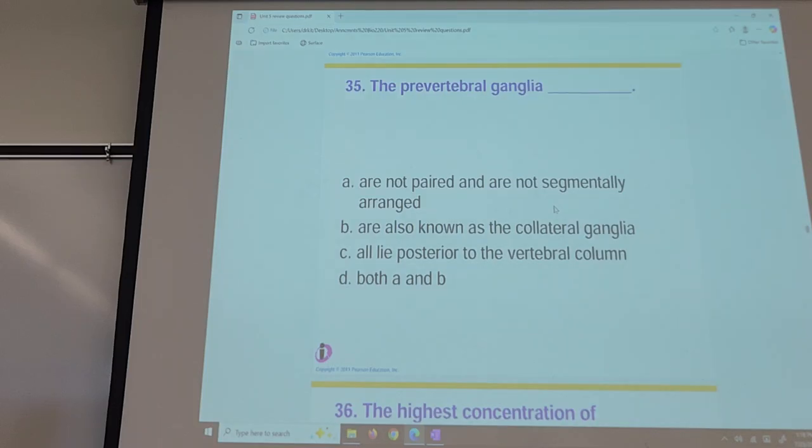Is that true? True. Are also known as collateral ganglia. True or false? True. All lie posterior to the vertebral column? False, right? They're not called postvertebral ganglia, they're called prevertebral ganglia because they live anteriorly to the vertebral column. So the answer to the question is D.